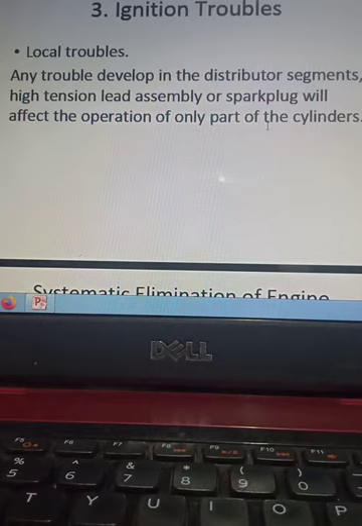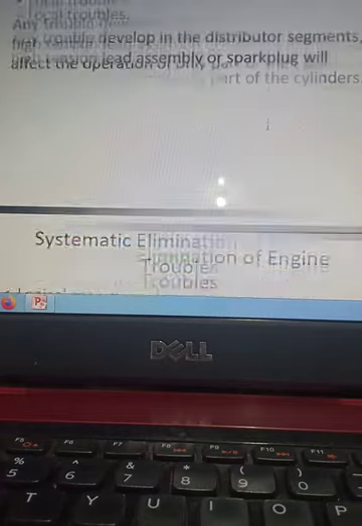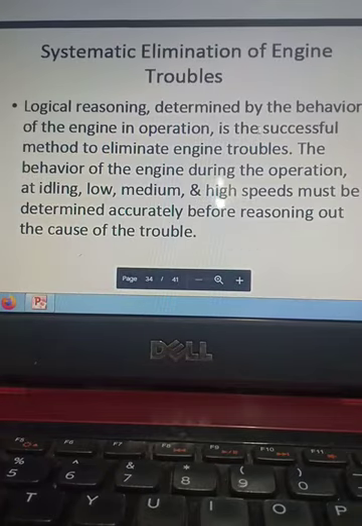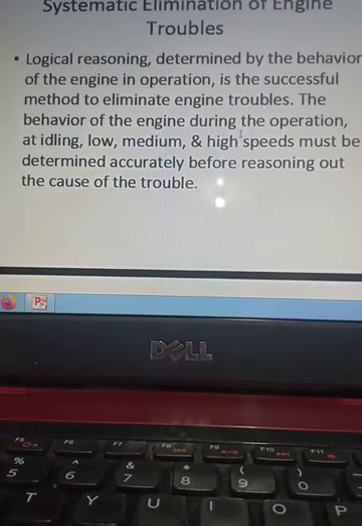And then for the ignition, those are the spark plug and magneto, no? So only 3 troubles: compression, ignition, or carburation. Okay. Next is the systematic elimination of engine trouble.